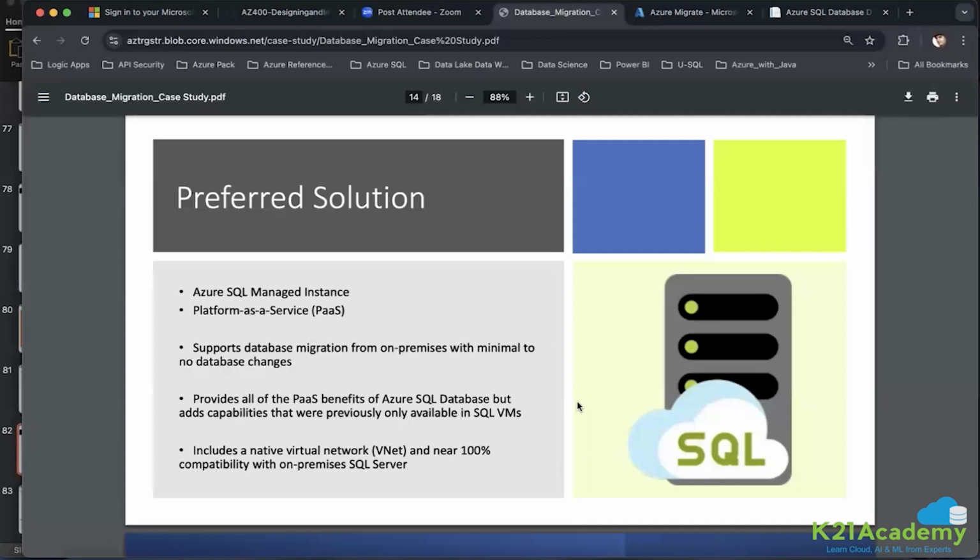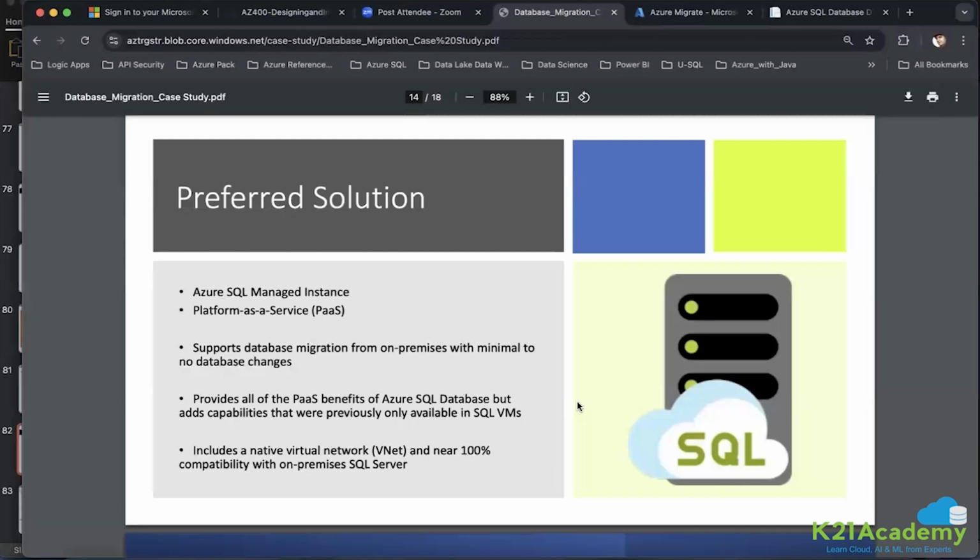Or feature-wise also maybe you need to look at it. So in that case, with minimal to no change, you can have a migration. If the report says that even though it's a legacy Windows 2008 server based database, it's supported as it is in Managed Instance, then there is no harm in moving it as it is. That is something where we can get some result.